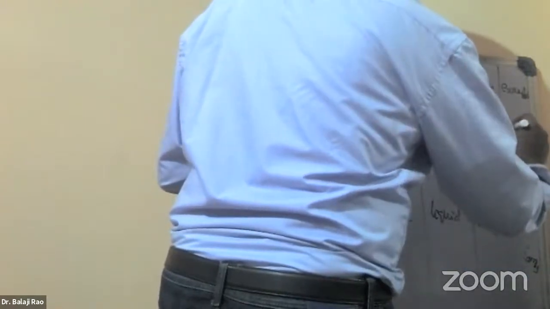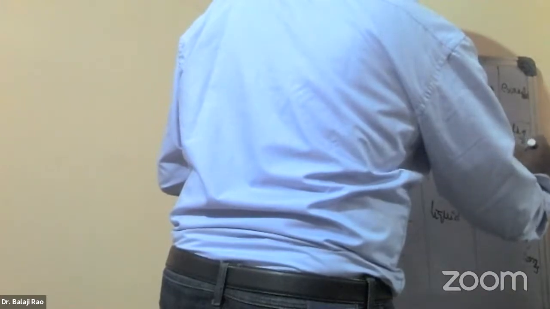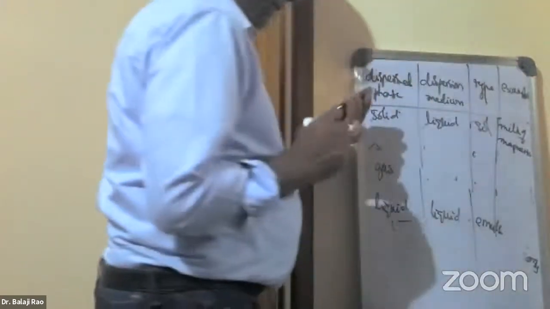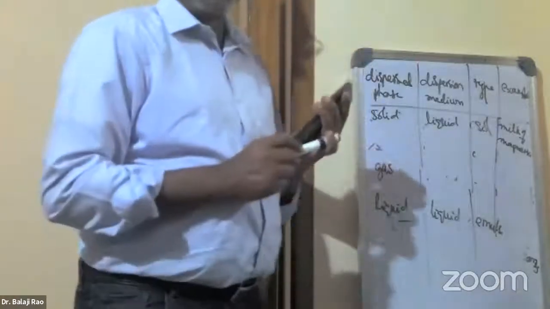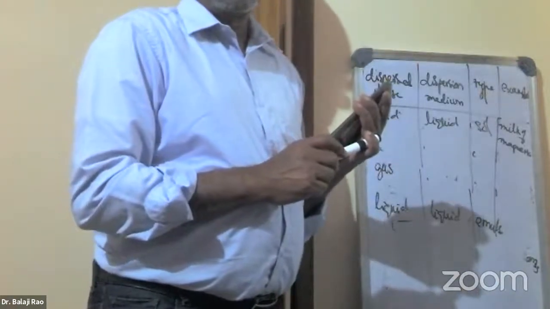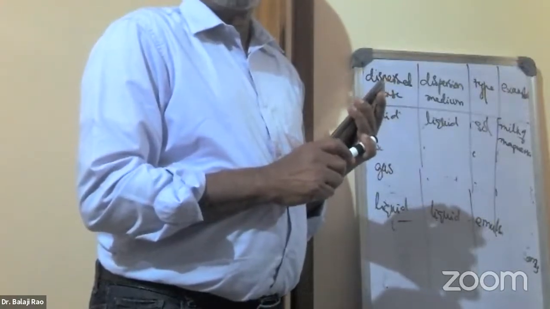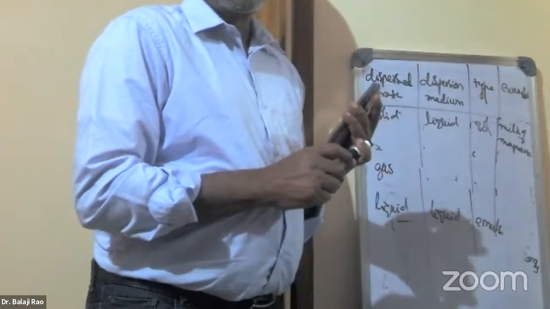You can relate to Saina Nehwal, if I think I'm right. She endorses a product called milk of magnesia. You can drink that and your stomach becomes more and more cleaner.